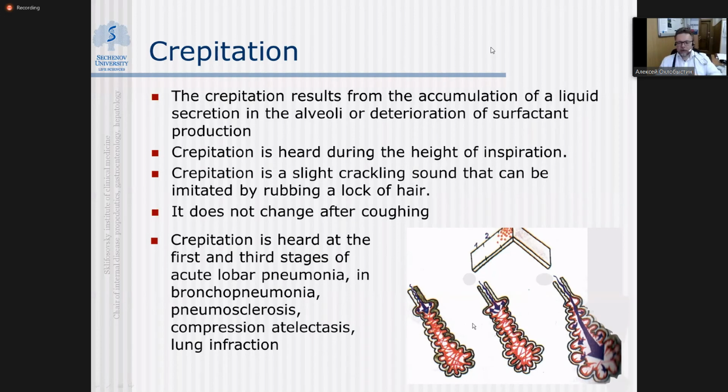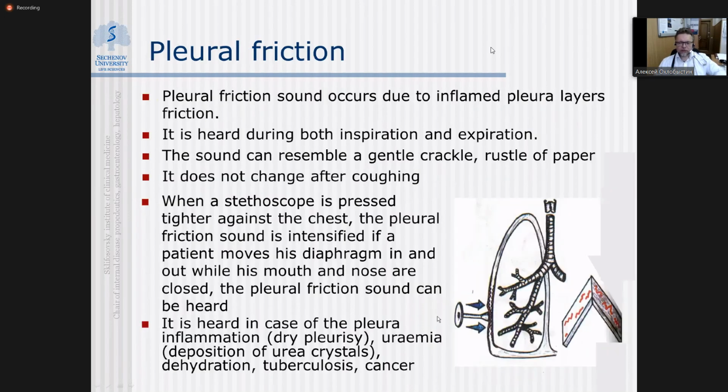Again, the alveoli will be compressed and limited, and there will be no elastic, smooth expansion of the alveoli when breathing in. Sometimes it may be seen in lung infarction, when there is blood inside the affected portion of the pulmonary tissue, and that blood, the components of the destroyed tissue, prevents normal smooth expansion of the alveoli.